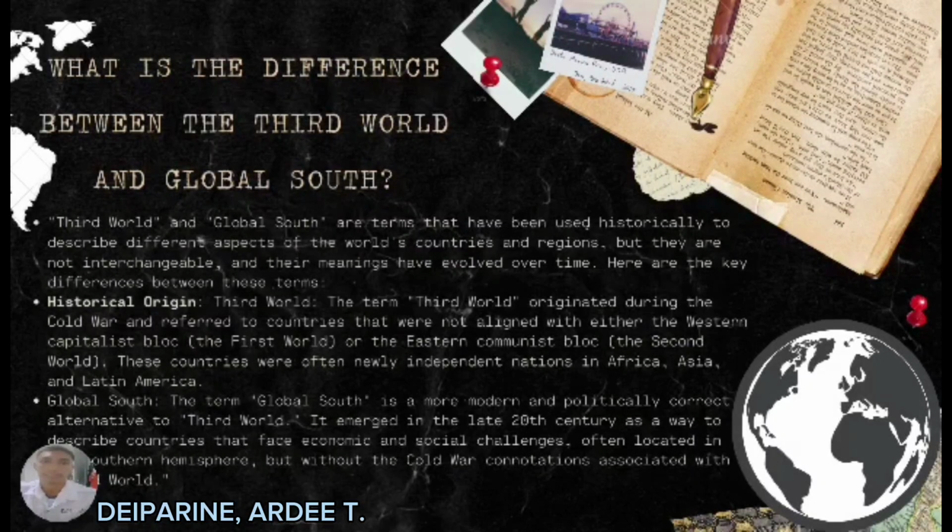Global South. The term Global South is a more modern and politically correct alternative to Third World. It emerged in the late 20th century as a way to describe countries that face economic and social challenges, often located in the southern hemisphere, but without the Cold War connotation associated with Third World.